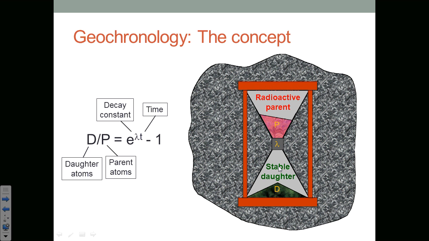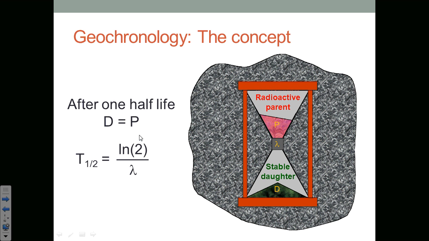So the idea here is we have a mineral grain acting as a little hourglass, where the parent isotope is going to decay to a stable daughter product at some known rate, and that rate is called the decay constant. And that decay constant changes for any given parent isotope. And so if we know that rate at which it decays, we measure through mass spectrometry the parent-daughter ratio, then we can calculate the time at which that crystal formed.